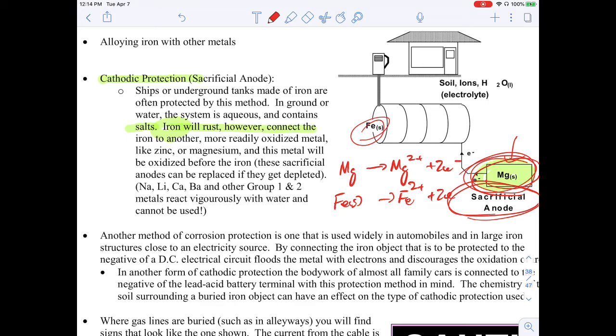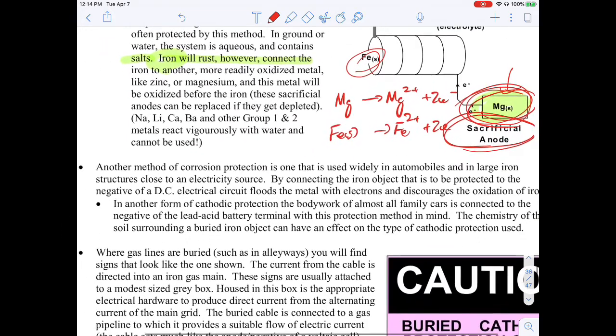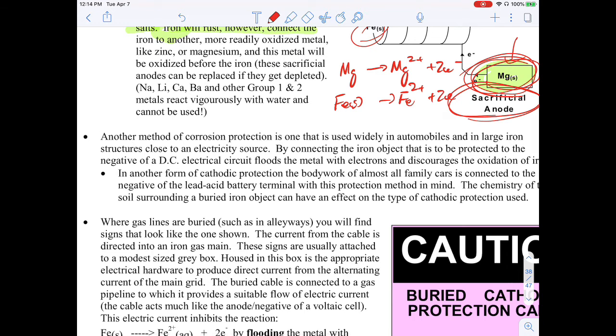Another method used in automobiles and in large iron structures close to an electricity source is to connect the iron object and supply direct current to the metal object, which discourages oxidation. If you're supplying the iron with electrons, the electrons continue through the iron, but it doesn't give the iron a chance to corrode.